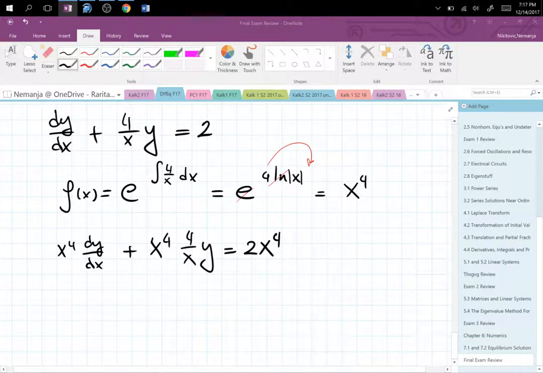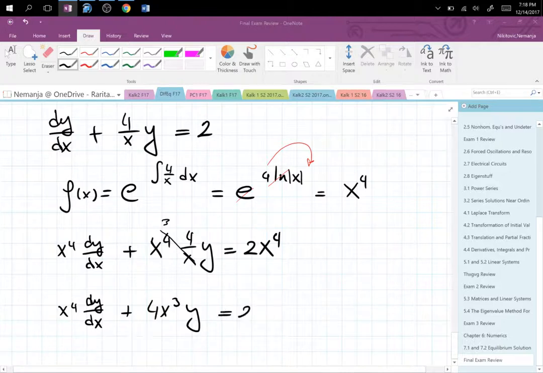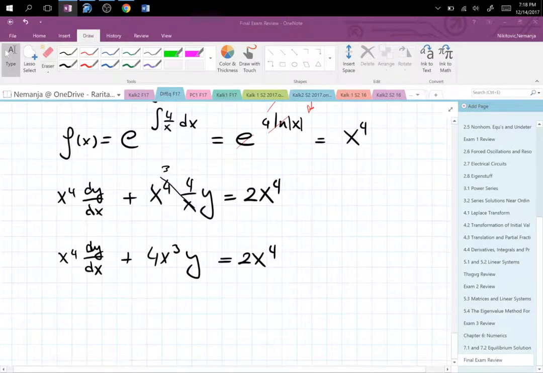So now, I understand that you can cancel and all of these things. Well, actually we can cancel. Maybe you're happier. Sometimes your happiness is important. 4x cubed y is equal to 2x to the 4th. And now you see that you have a function and the derivative, a function and the derivative.